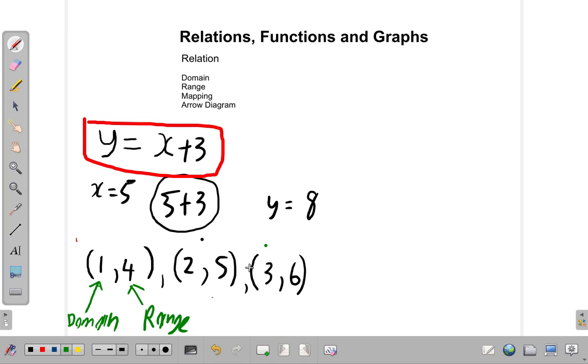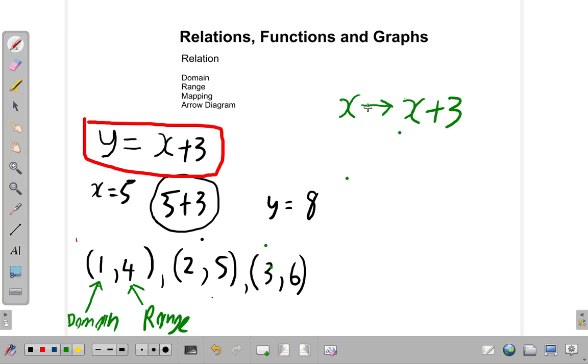Now, one way to say that you put in one number and you get out the next number is to say, for example, the number that is represented by x, and you have an arrow going to the right, and you say x plus 3.